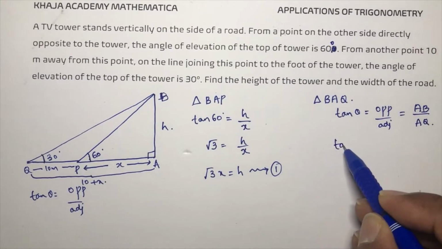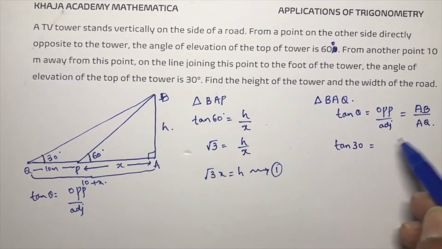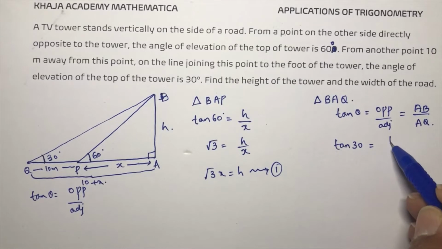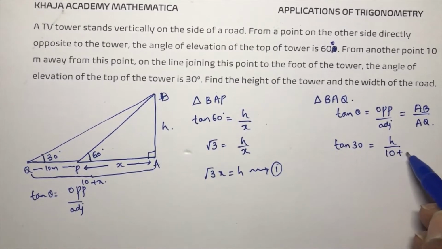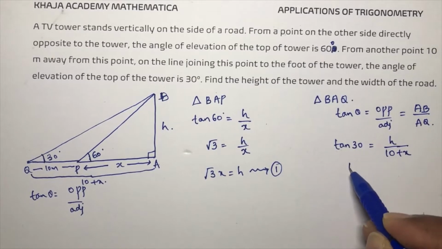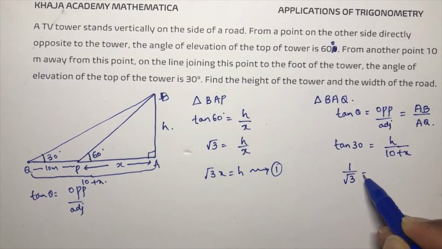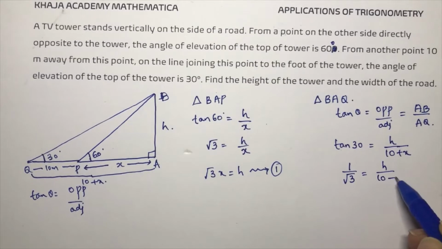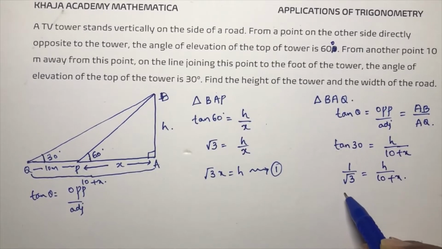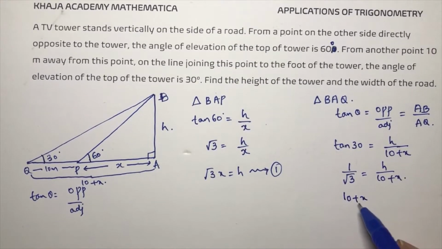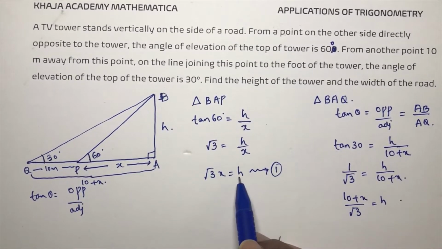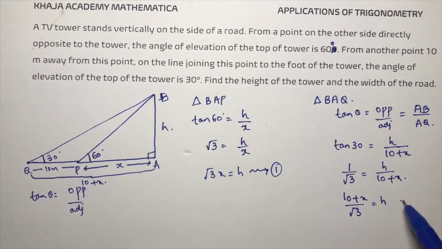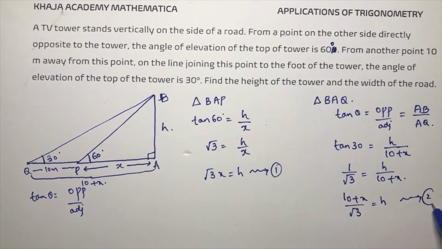So tan 30, opposite is h, AQ is 10 plus x. Tan 30 value 1 by root 3 equals h by 10 plus x. If we cross multiply, 10 plus x by root 3 equals h. This also is h equals, so mark it as equation 2.